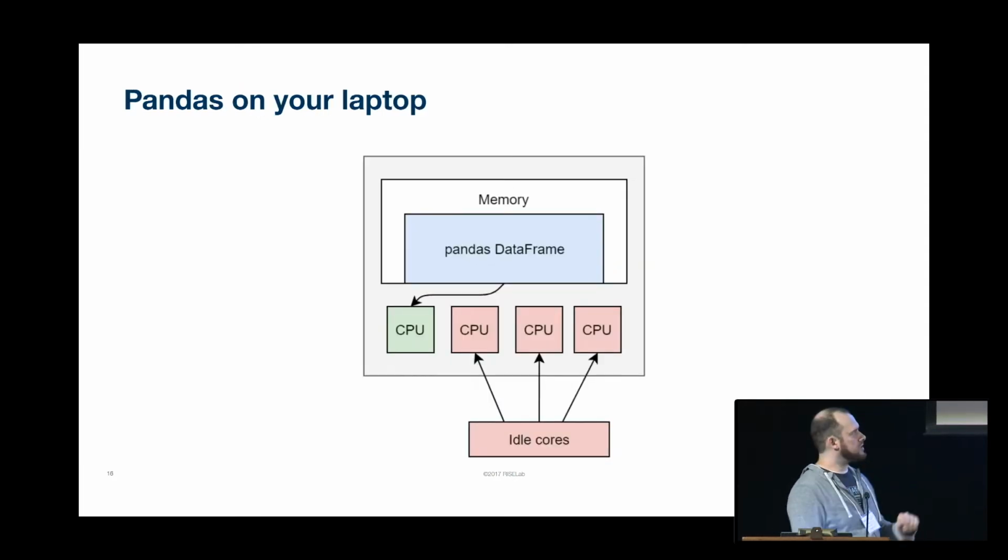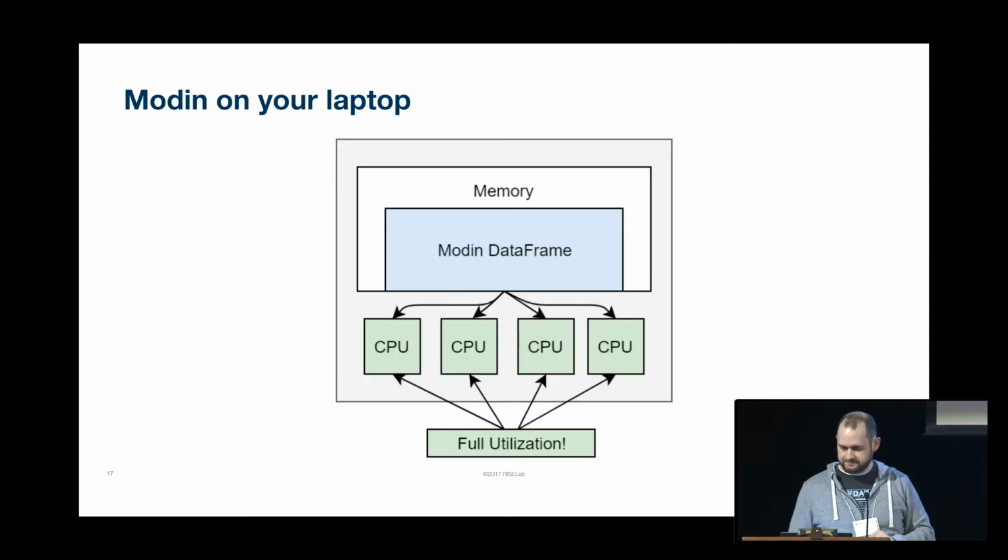When we look at a pandas data frame, first of all, it really only works if the data fits in memory, and it's working on a single CPU. With Modin, I'll talk a little bit more about memory, because we don't necessarily have the requirement that everything fits in memory, but we also can use all 4 of your cores.